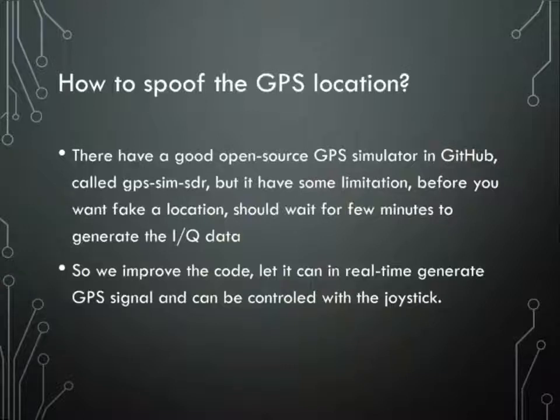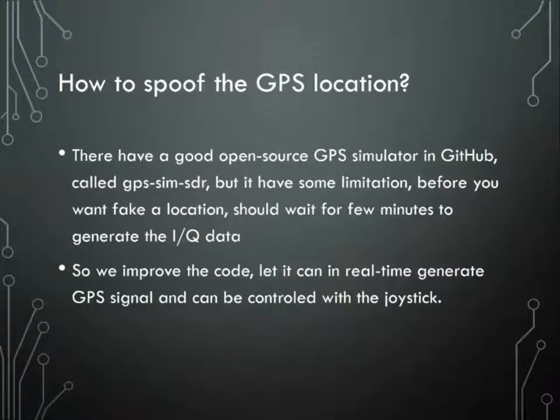Now I will introduce how to spoof the GPS location. There is a good open source GPS simulator on GitHub called GPS-SDR-SIM, but it has some limitations. Before you can fake a location, you should wait a few minutes to generate the IQ data. What is the IQ data? If you want to play with SDR, you must build the IQ data for modulation.